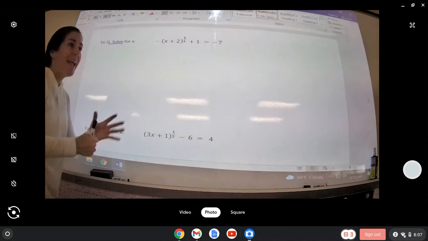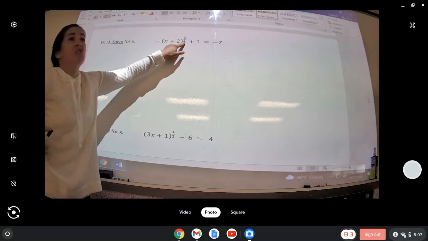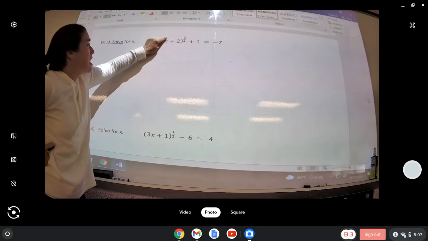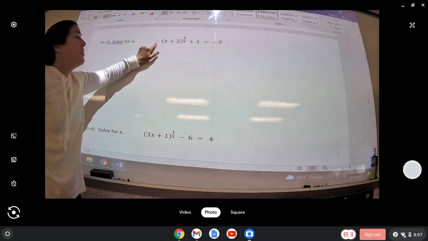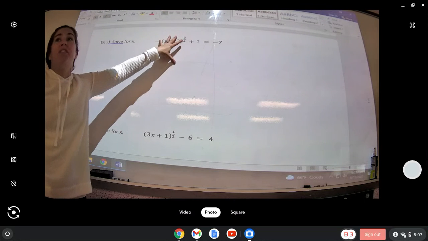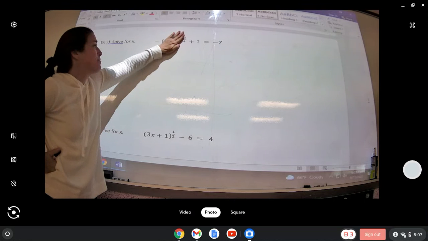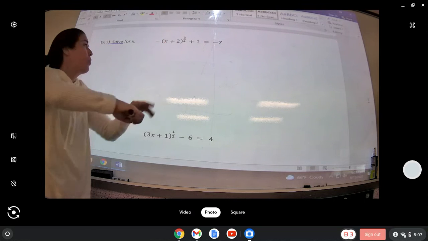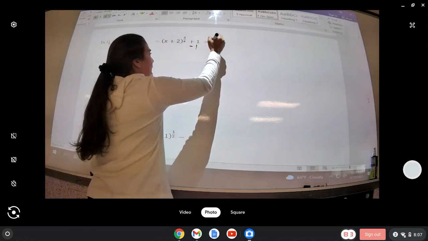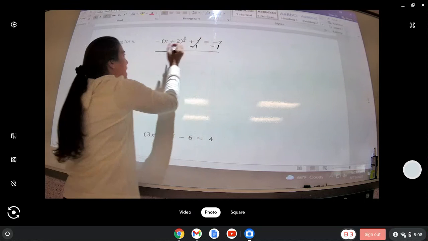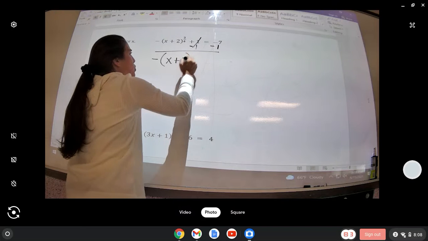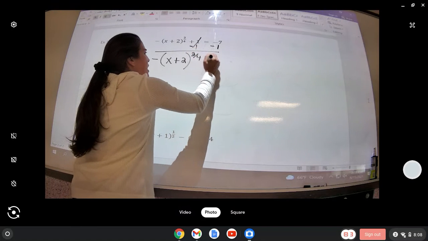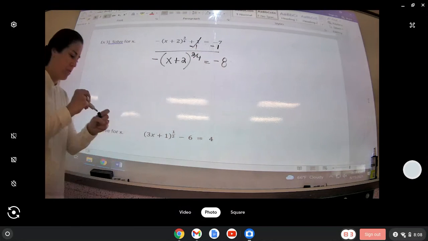Okay, so again, this rational exponent is on this entire piece, x plus 2. So this positive 1 and this negative 1 in front can't be on this side. We've got to get whatever this exponent is on completely alone. So it's minus the 1 that's not attached. We end up with negative times x plus 2 raised to the 3/4 equals negative 8 now.